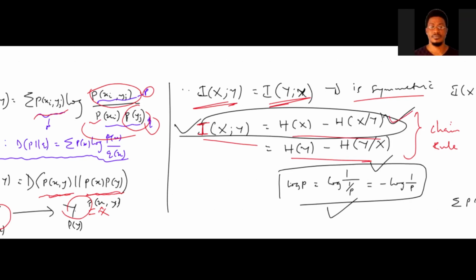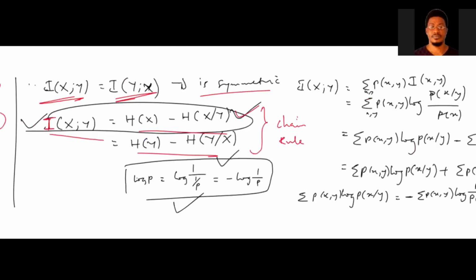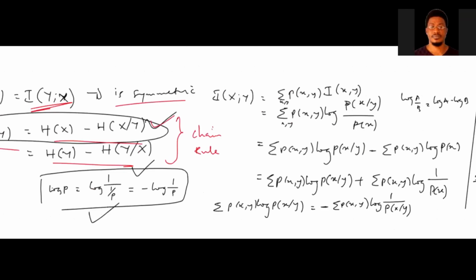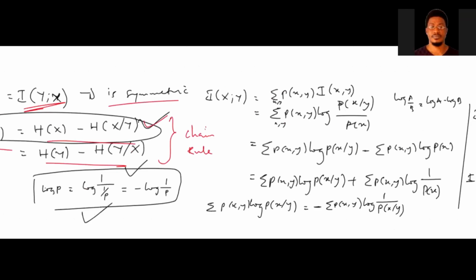So we know that the mutual information is the same as the expected value over the joint distribution. So I'll put XY here: sigma P of XY, which is the joint distribution, log P of X given Y divided by P of X. So this is the formula.